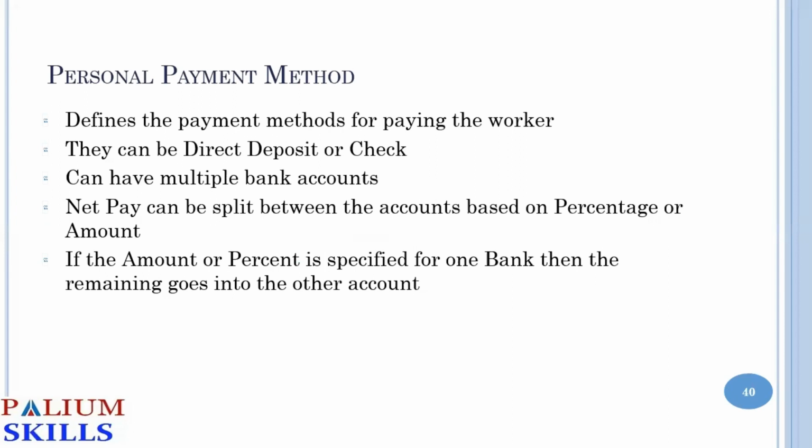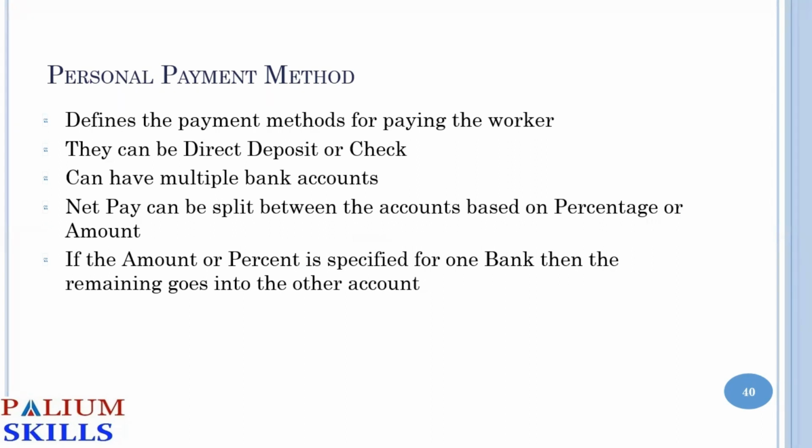One person can have multiple bank accounts. Net pay paid to the employees can be split between the accounts based on percentage or amount. If the amount or percent is specified for one bank, then the remaining goes into the other account.